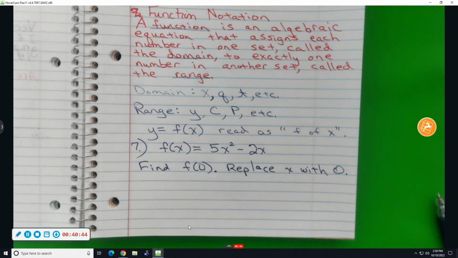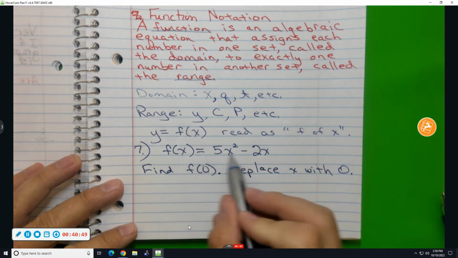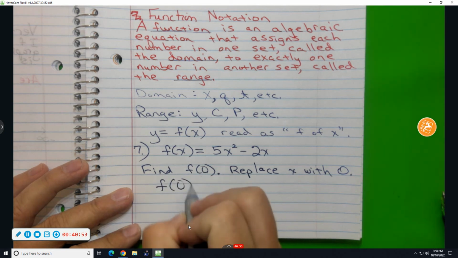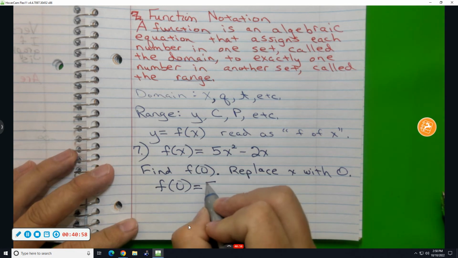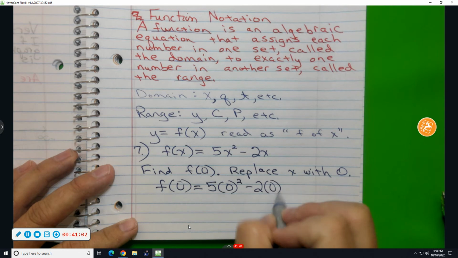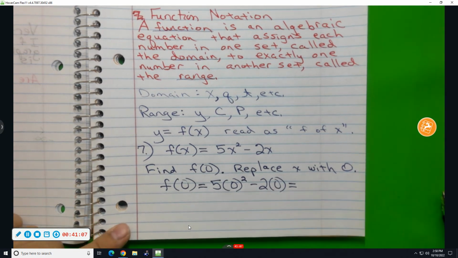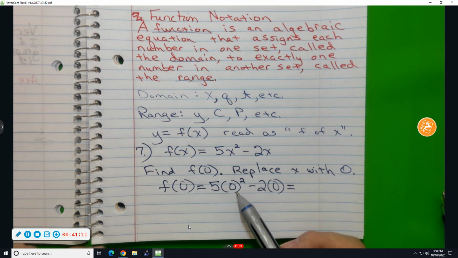Wherever we see an x, we're going to plug in a 0. So f of 0 is equal to 5 times 0 squared minus 2 times 0. Remember your order of operations. You perform exponentiation before multiplication. 0 squared is 0.